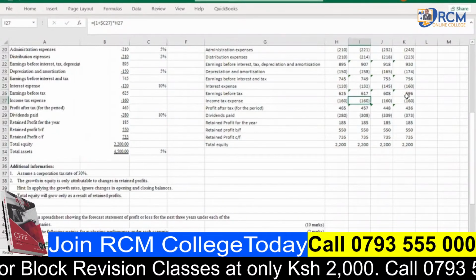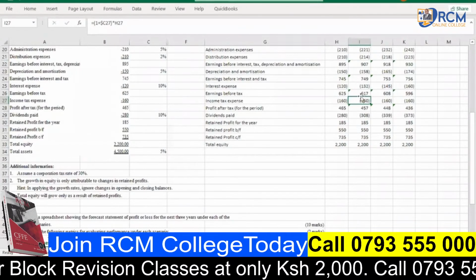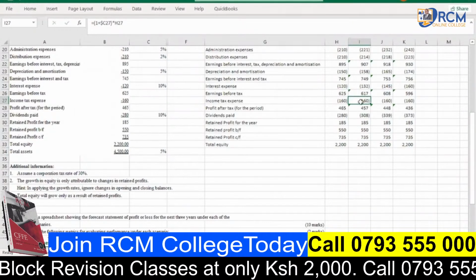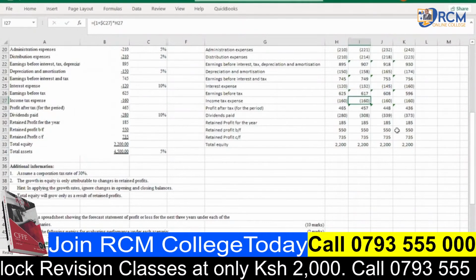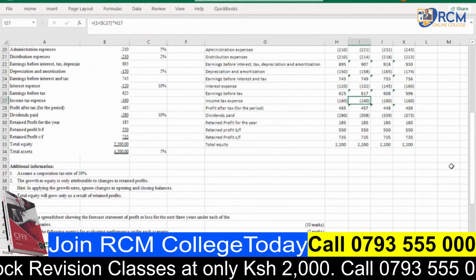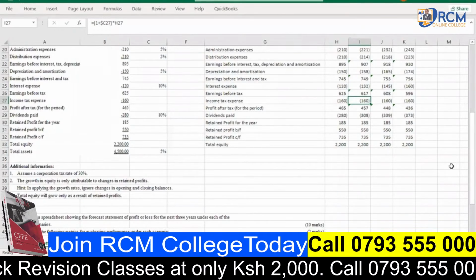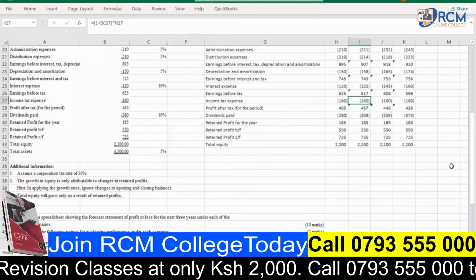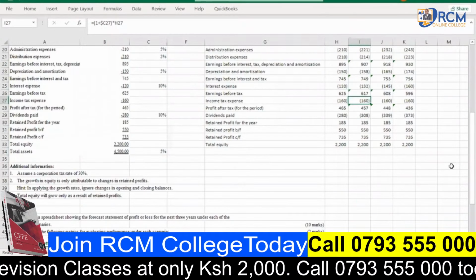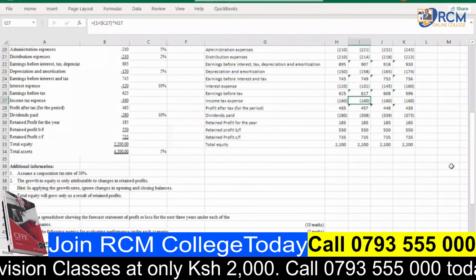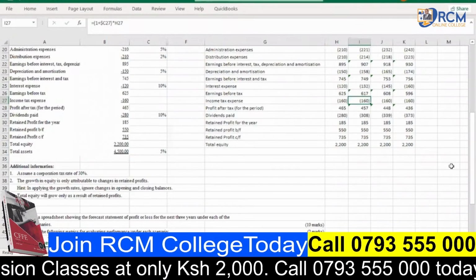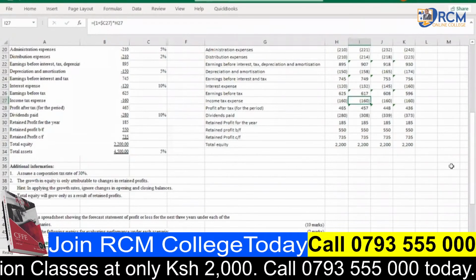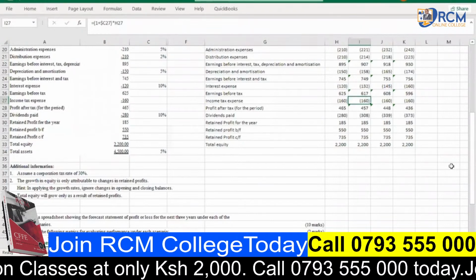Hii yenye tuko nayo hapa is wrong. Not 160, although 30% by 617 plus 185. So somebody is telling us that we take earnings before tax, then we add, what is this 185?